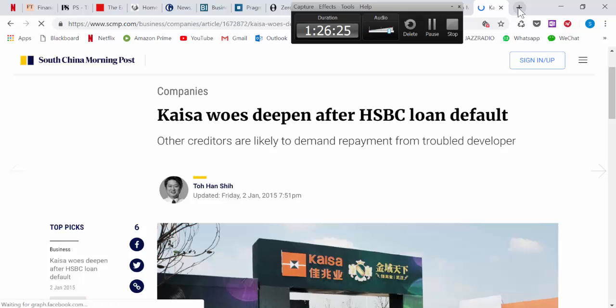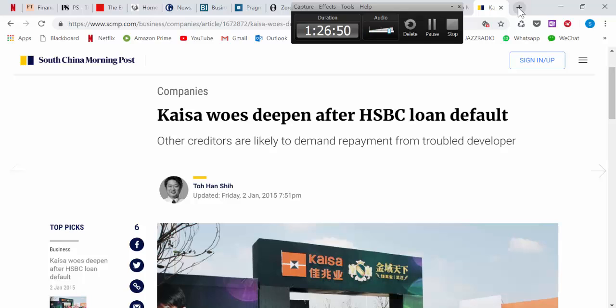You know the story behind it. So they have a loan with HSBC and some other banks. And with those other banks, cross default was applicable. And they also have some loans with HSBC.